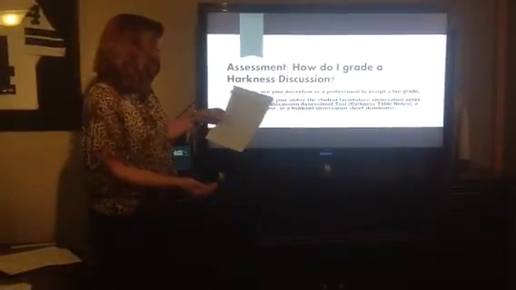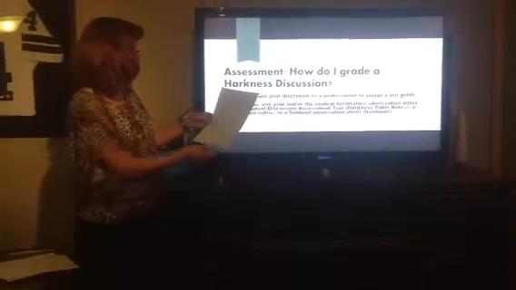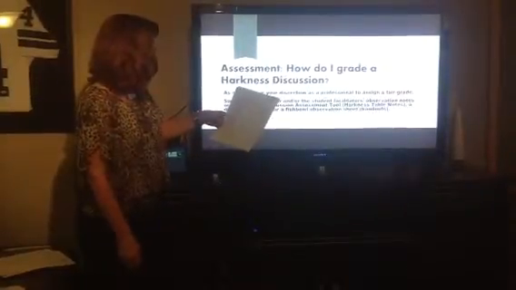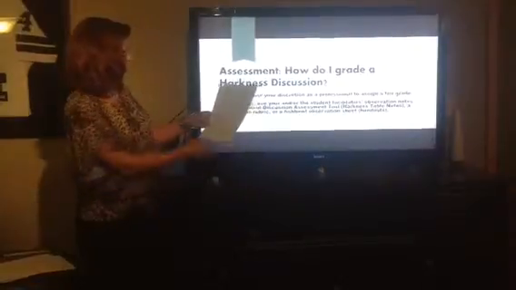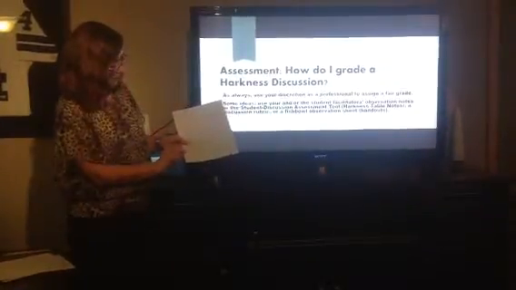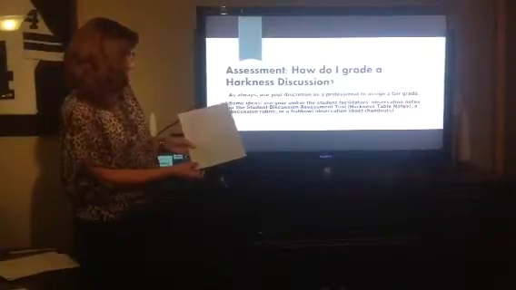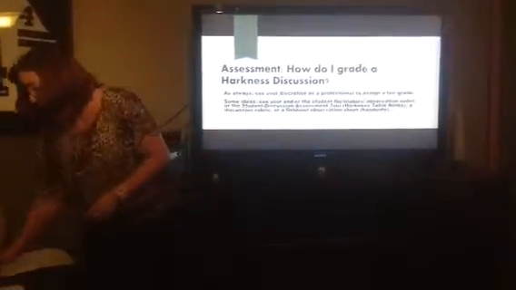A 5-point contribution would be relevant but does not draw on previous speakers. And then on the minus side, minus 10 points, dominates the conversation, is not alert or engaged in the discussion. And then at the bottom there's room for the teacher to total up the points and then assign a grade. So that's a real handy, real easy way to do an assessment.